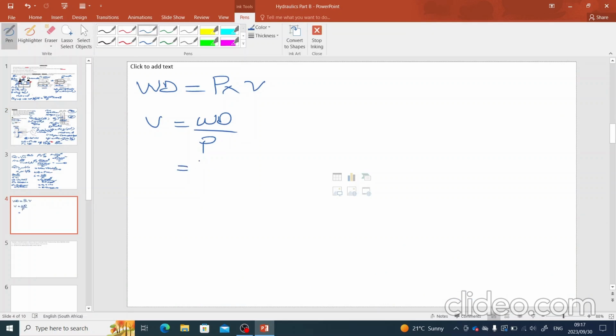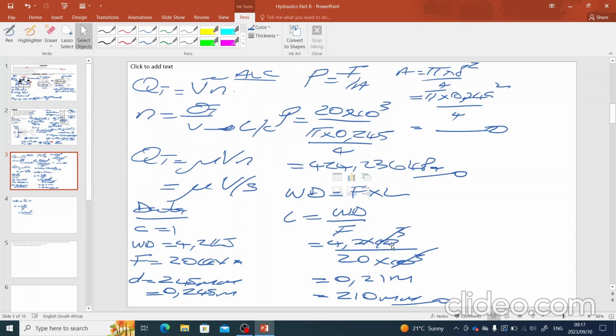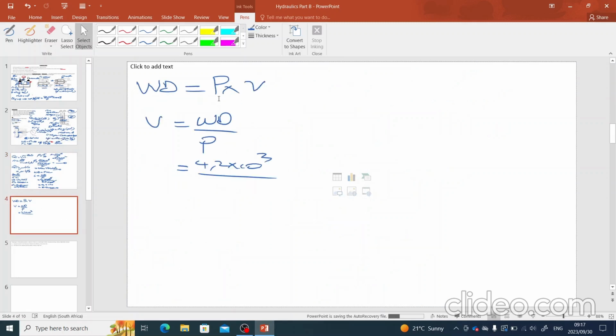Do I have the work done? 4,2 times 10 to the power 3, divided by the pressure we did calculate, 424,236 kilopascal, times 10 to the power 3.